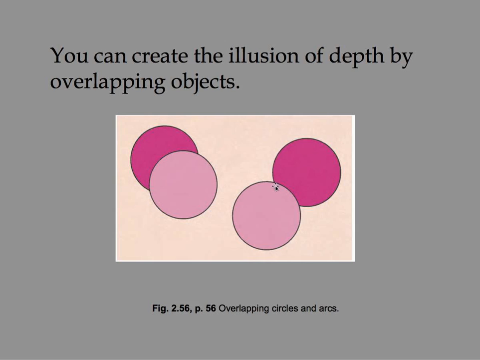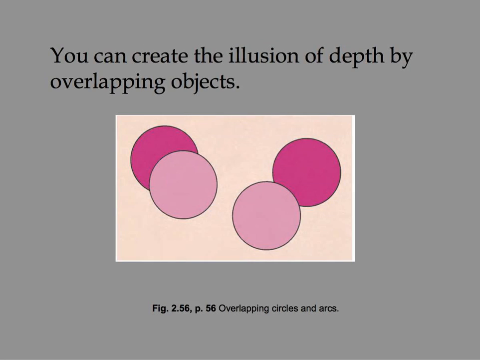So our minds fill in this and we're like, oh yeah, that's just a circle, it's just that this is on top of it blocking the view. Even with this one, our minds will go, oh yeah, that's a circle, it's just this is blocking the view. We don't necessarily see this as a crescent shape with a circle right next to it.